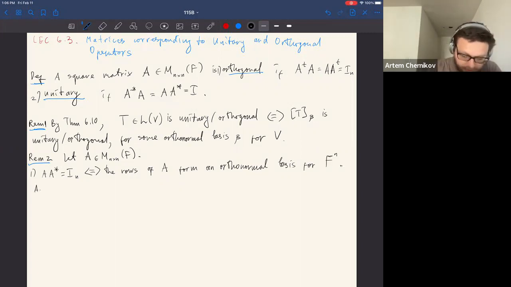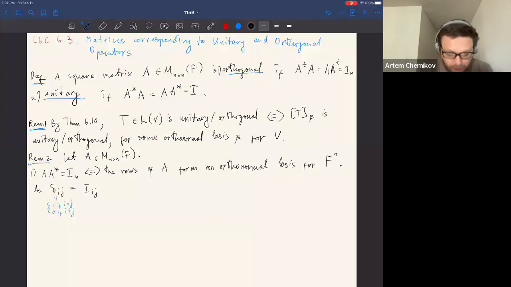And since we have delta ij, so remember this is the Kronecker symbol, as usual, it is equal to 1 if i is equal to j, 0 if i is not equal to j. So the entries of the identity matrix correspond to the values of the Kronecker symbol, right?